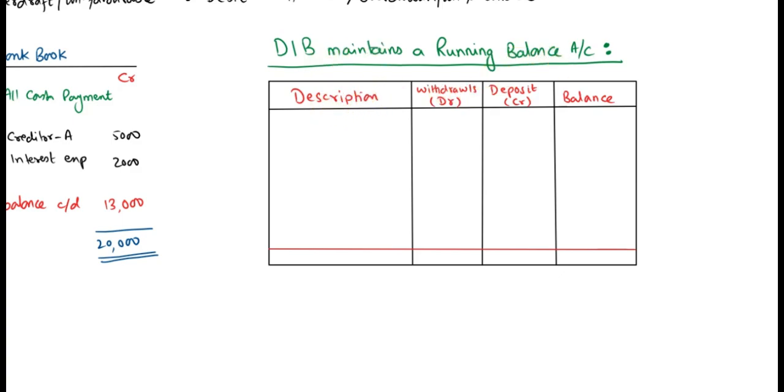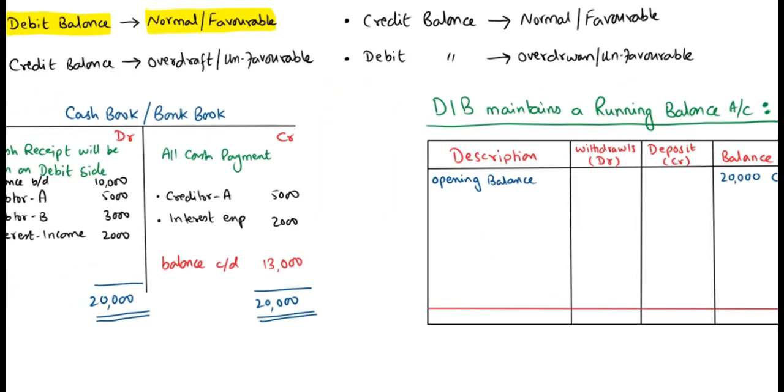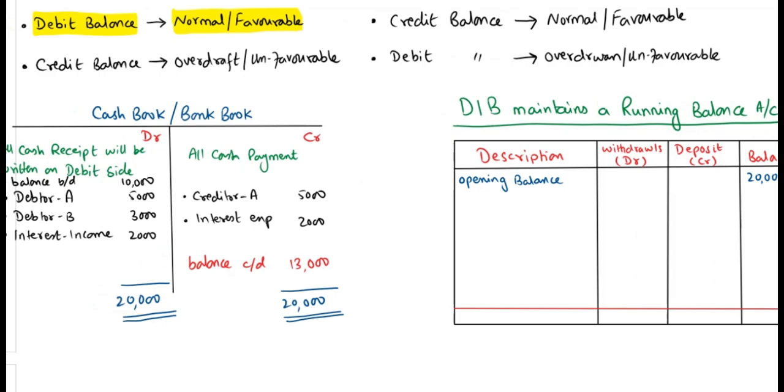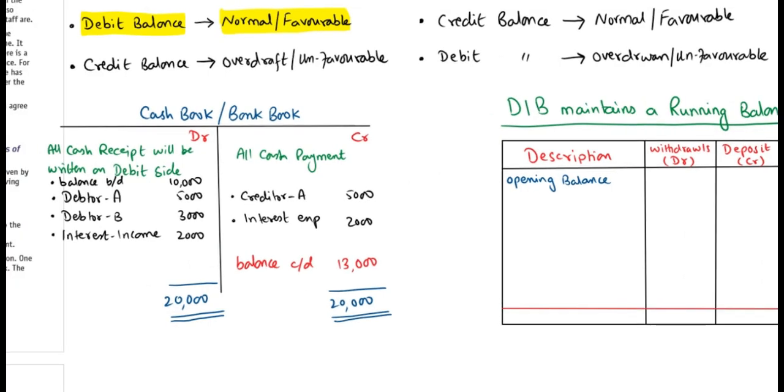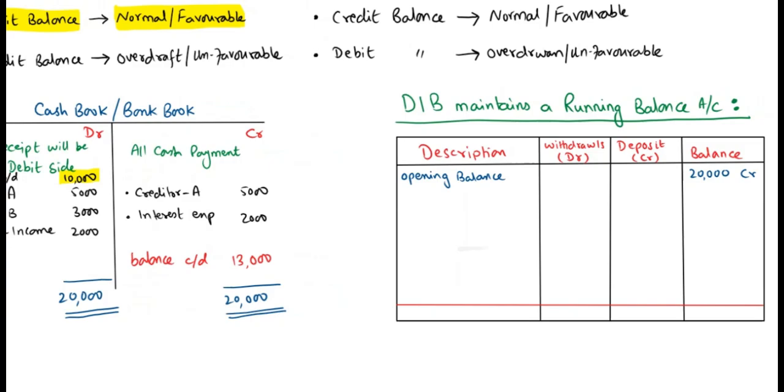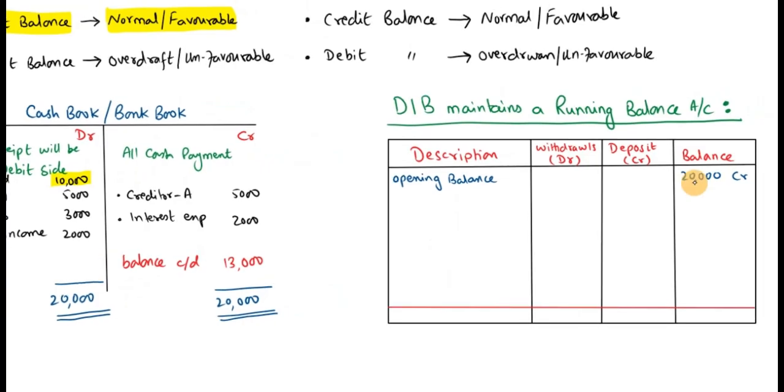Okay, so Dubai Islamic Bank is maintaining a running account balance. Here is the description. For example, opening balance in the bank is 20,000. So credit, it means the bank statement and cash book are to be written in opposite directions. In the cash book we have debit, in the bank book that will be credit.